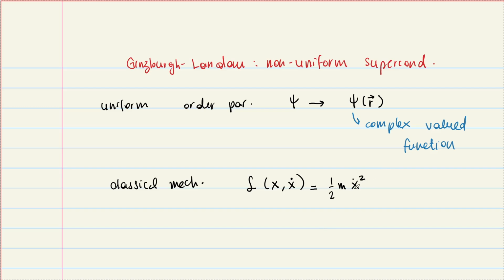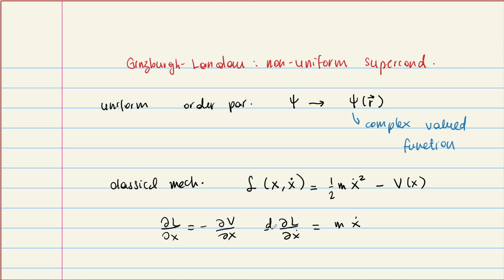If you had an x dot term here, that would break the good symmetries we require here. So we start with x dot squared, and there is some V of x. And V of x is generally, you can think about a harmonic oscillator. And what you do is you minimize this, and you find del L del x is equal to minus del V del x, del L del x dot is equal to m x dot.